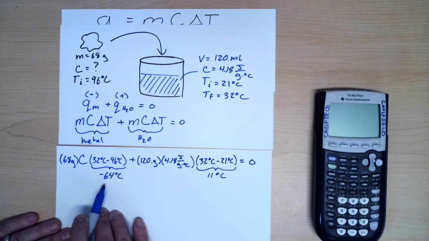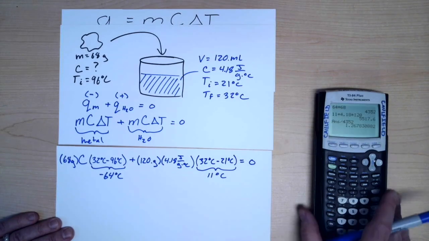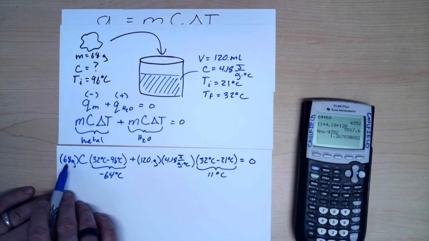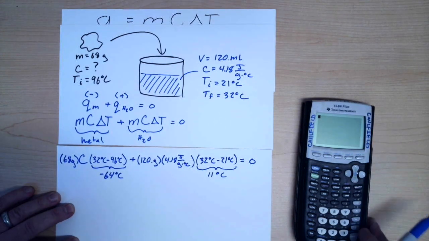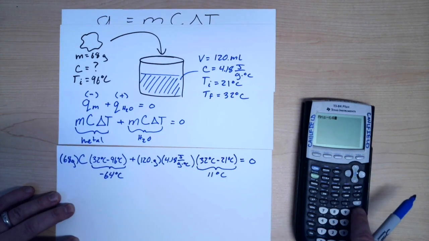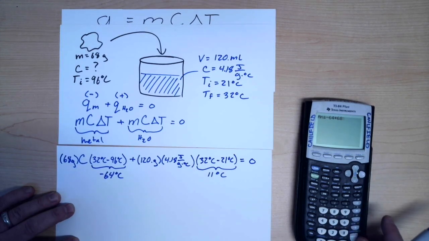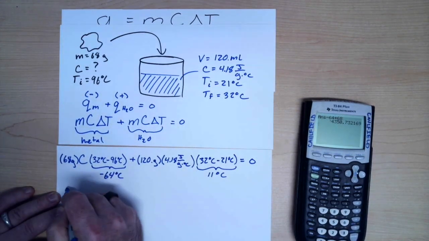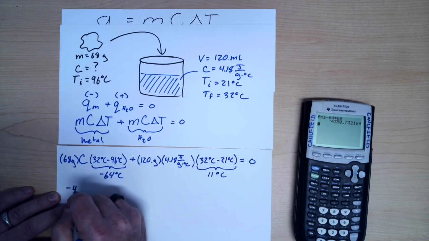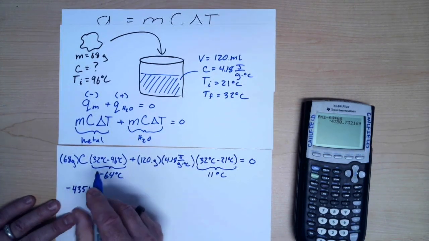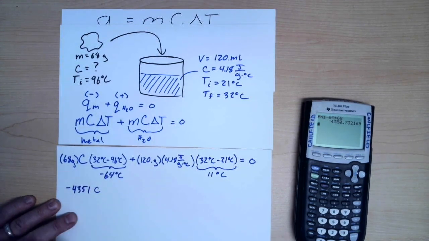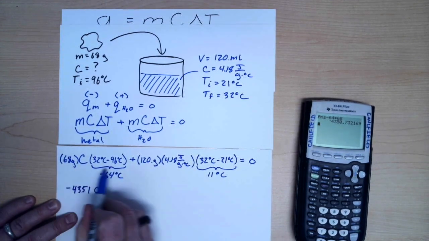All right, so now let's go ahead and simplify this down a little bit. I'm going to combine the 68 and this information. So let's do minus 64 times 68. I'm going to have negative 4351. I'll hold 4 sig figs, even though those probably aren't all legitimate. I'm kind of dropping my units.